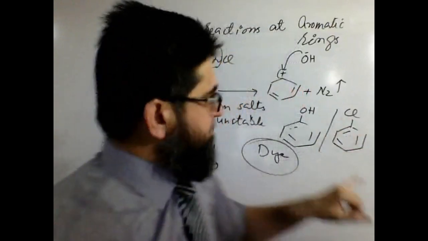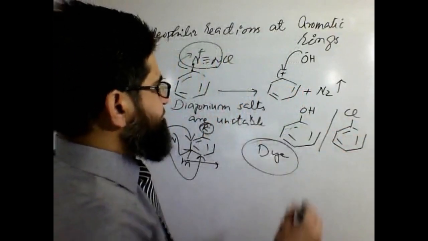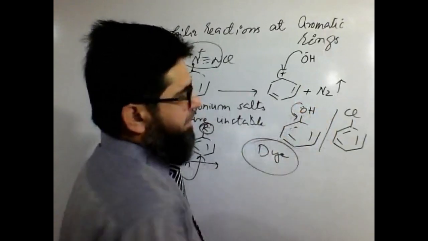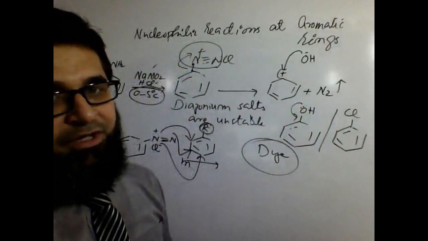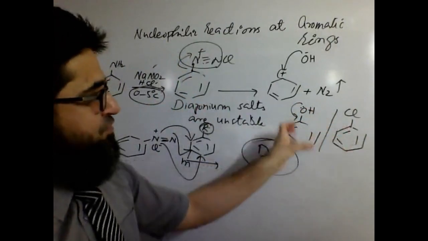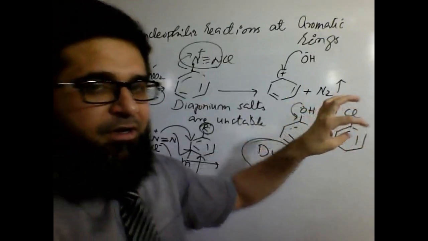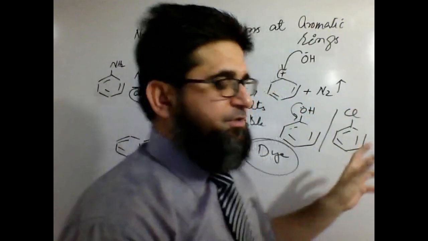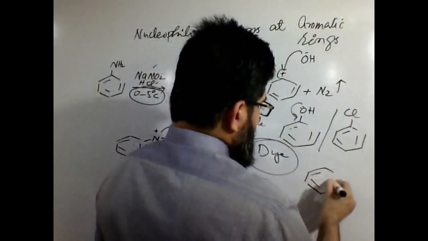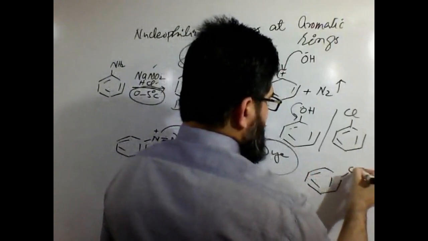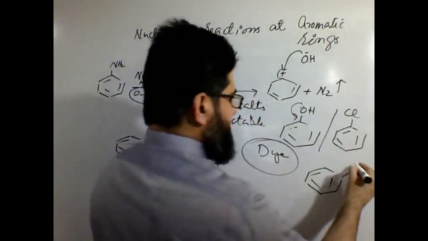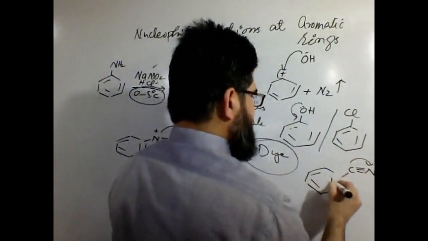If we have a benzene having some sort of substituent which can donate electrons to the ring, it will facilitate the resonance of the electrons, the pi bond conjugation. On the other hand, if we have some groups which are withdrawing in nature, they will withdraw the electrons from the benzene, pull them out.